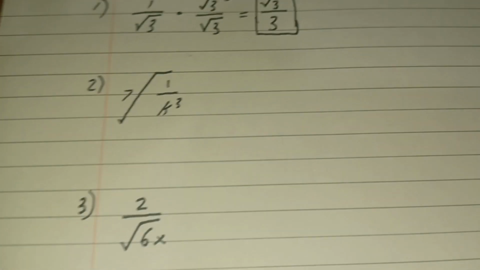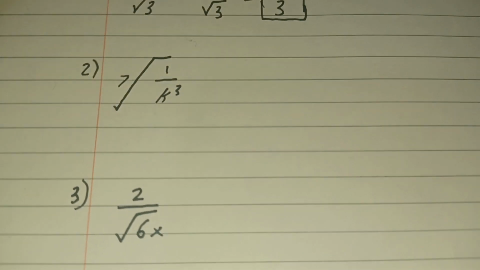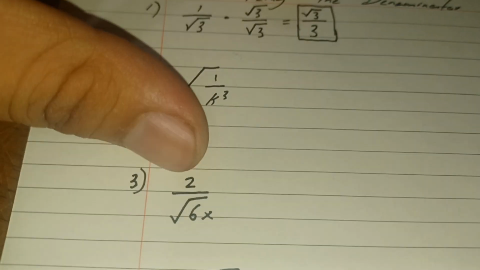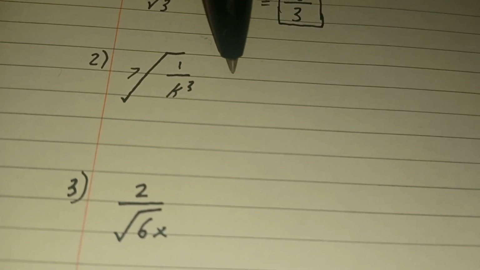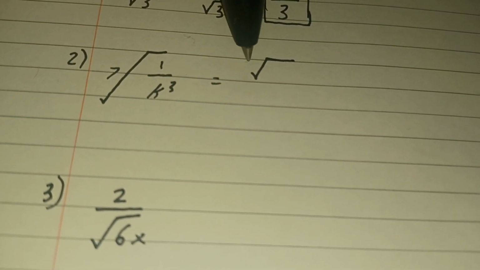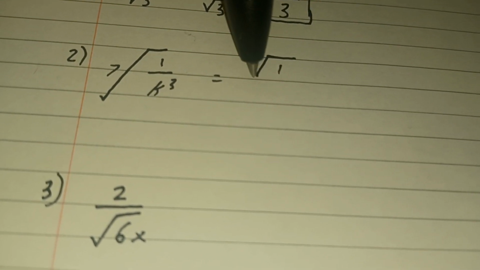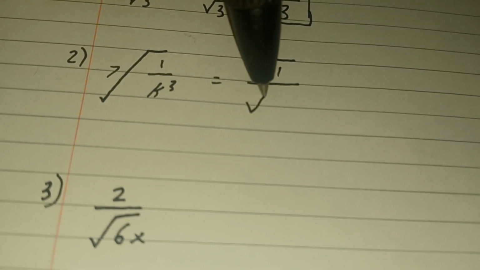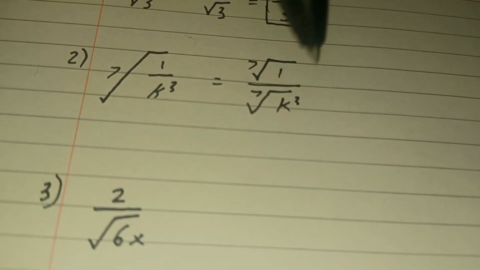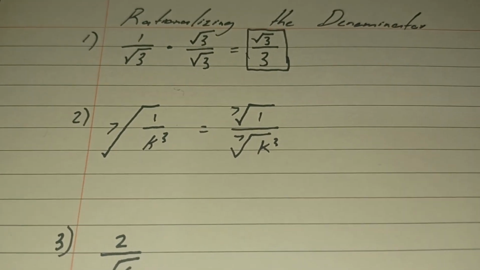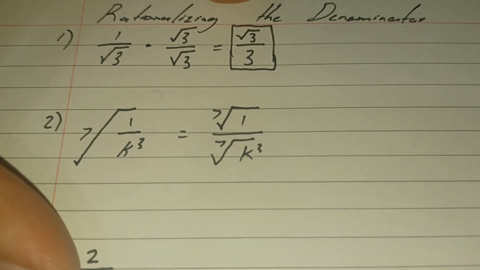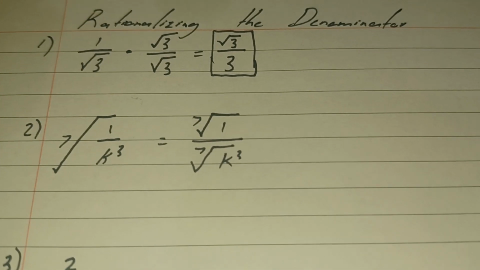Now number 2, the 7th root of 1 over k raised to the 3rd power. We can rewrite this as the 7th root of 1 over the 7th root of k raised to the 3rd power, using the properties of the nth root, which I went over in another video.